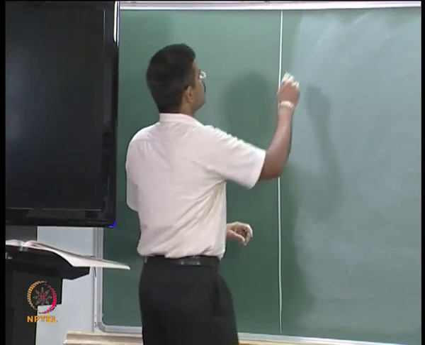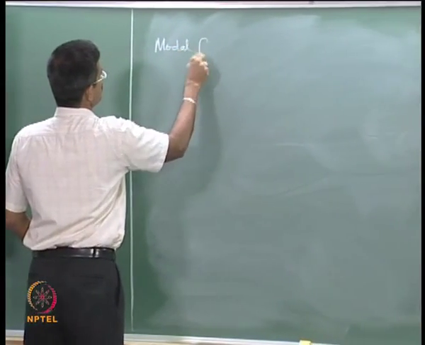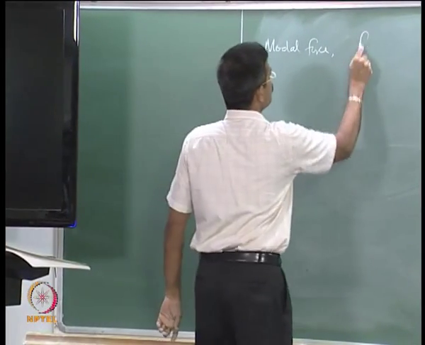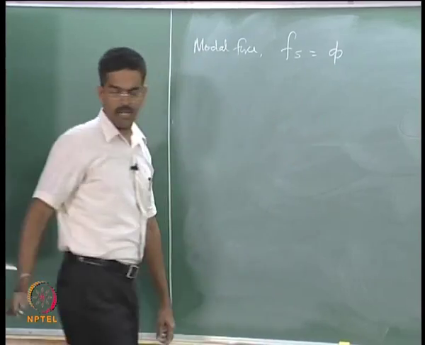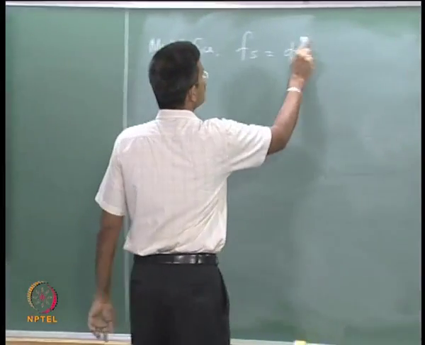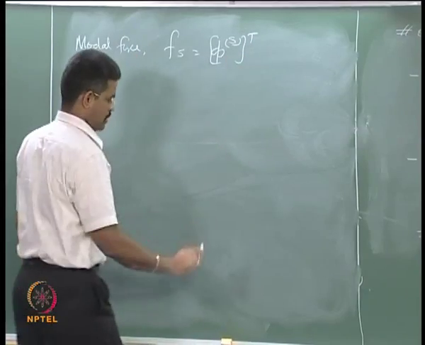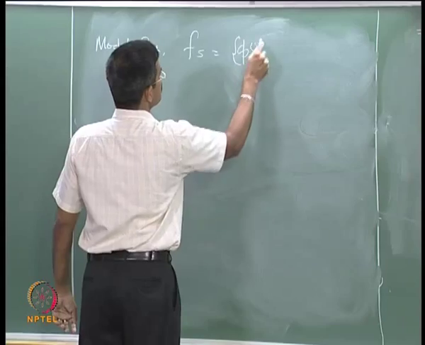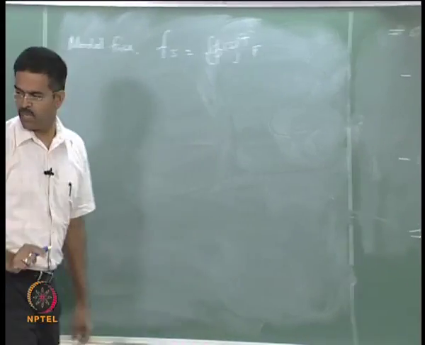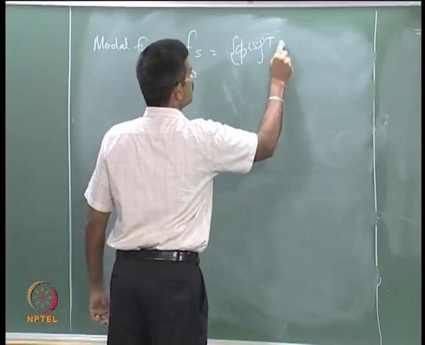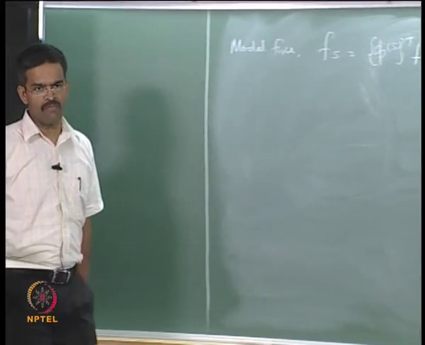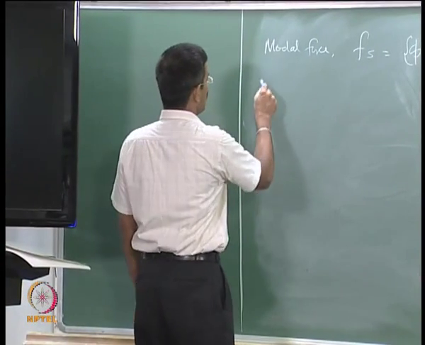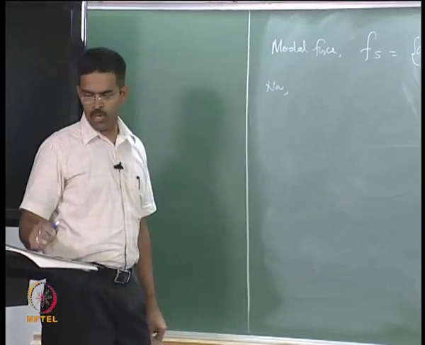We already know the modal force, equation 4a will give me f of s as phi of s transpose, it is a vector, phi of s transpose capital F, small f, that is my f of s. Now I am looking for my response.